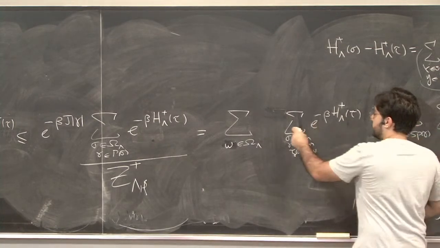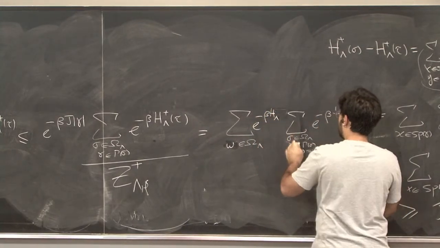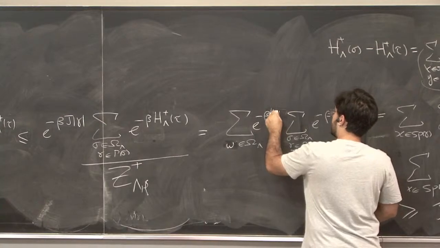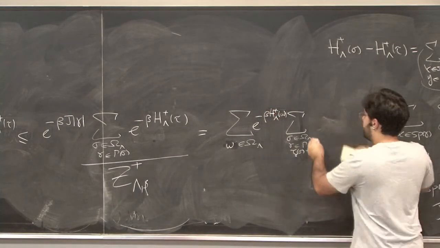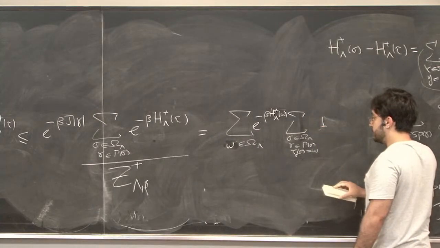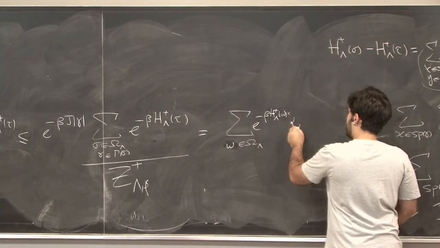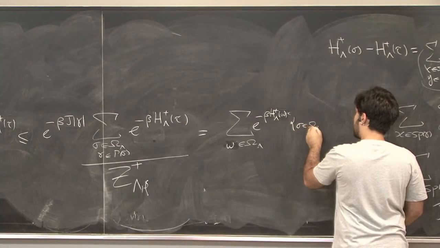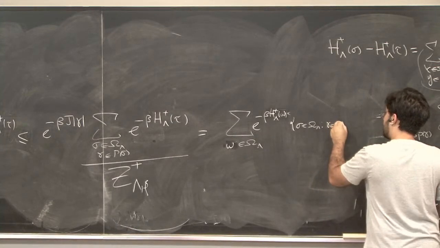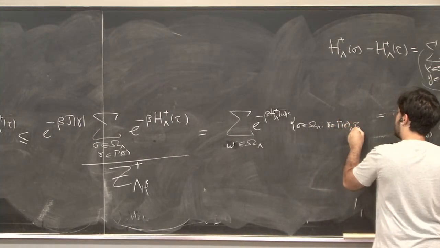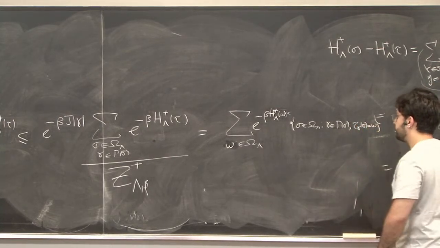So this will go over here, and then here I will have just the sum of ones, and then I will have to count every sigma such that gamma is in gamma sigma and tau sigma equals omega.